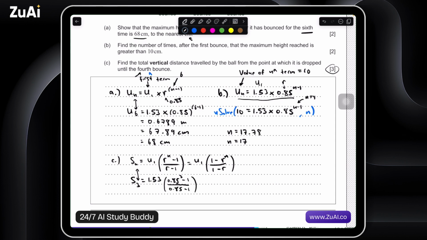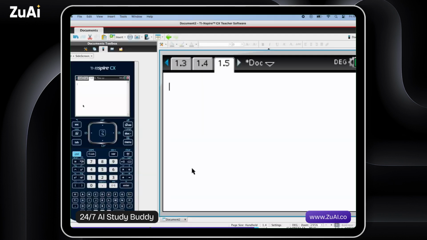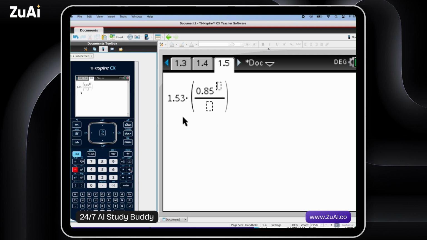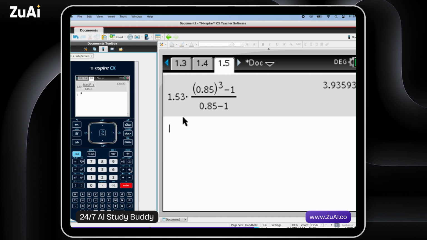Let's put that into the calculator. So 1.53 times, I'm going to open up some brackets and get a fraction here: 0.85 to the power of 3 minus 1, over 0.85 minus 1. Okay, and there we go.